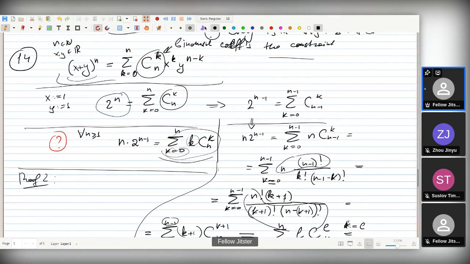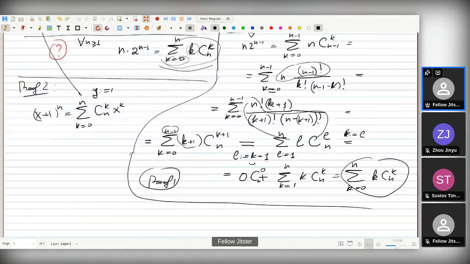What if we substitute 1 for x here, 1 for y here? What will it be? x plus 1 to the power n equals such a sum.